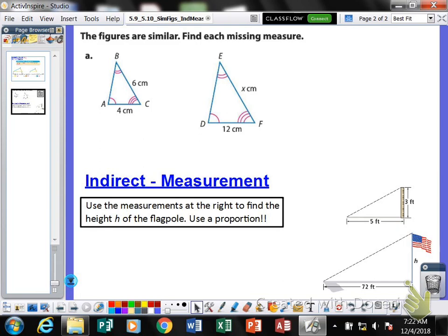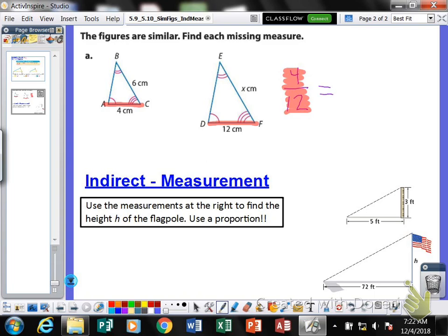Find each missing measure. We know that the sides are similar. If I look at this, I see that 4 would go with the 12, so I can write that as a ratio, 4 over 12, coming from the corresponding side lengths.